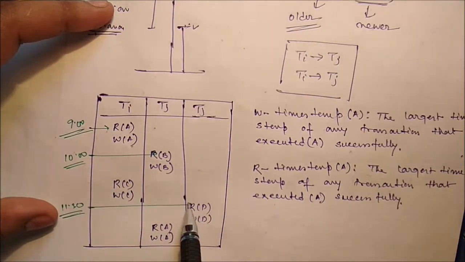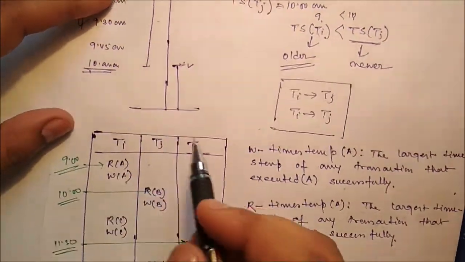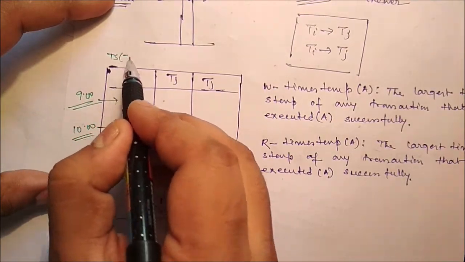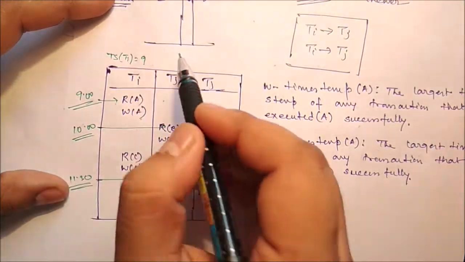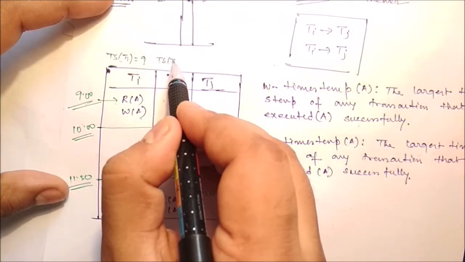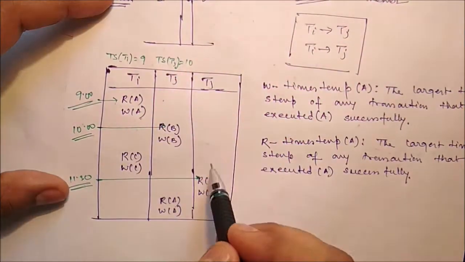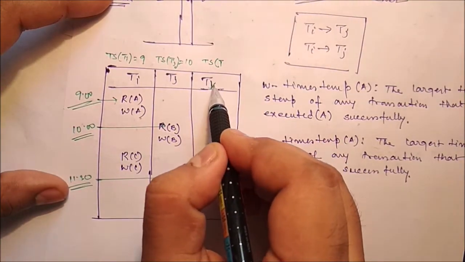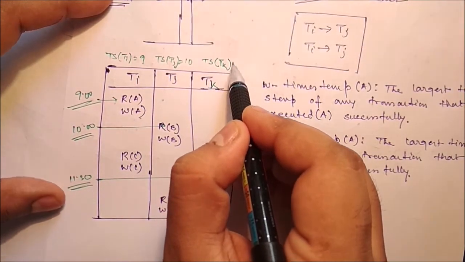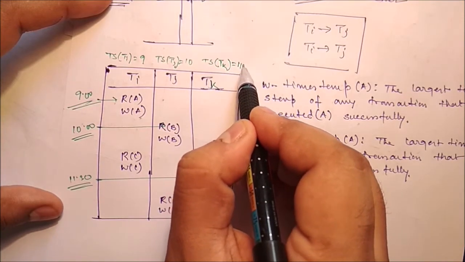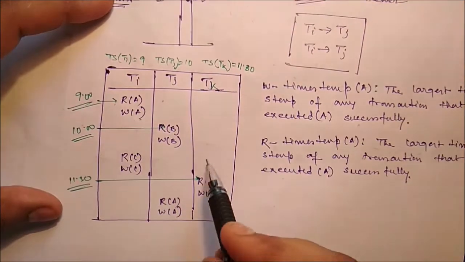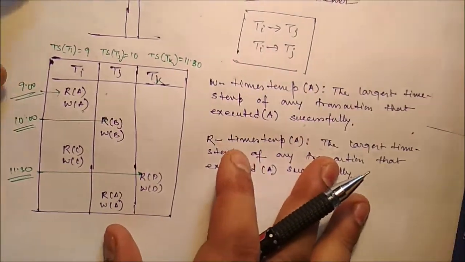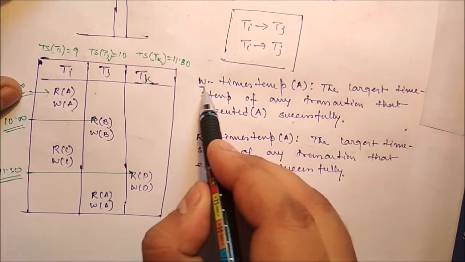So TS(Ti) is 9, TS(Tj) is 10, and TS(Tk) is 11:30, the entry time of the transaction. Now we have to identify the W-timestamp of all the variables.